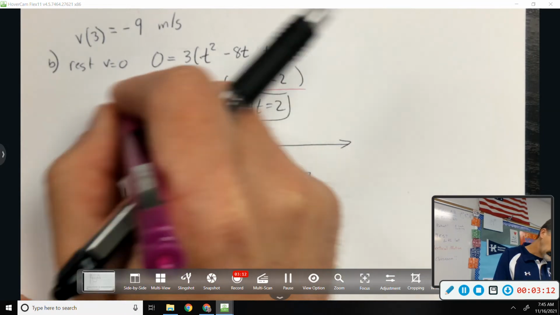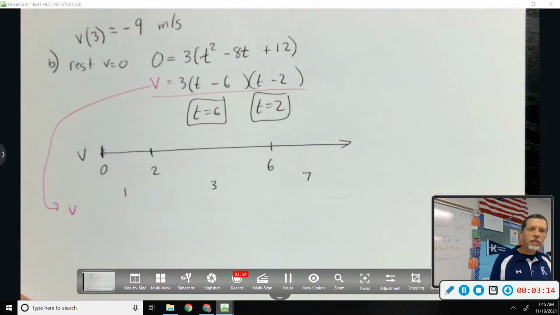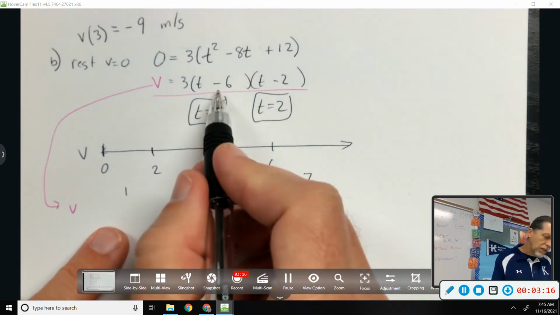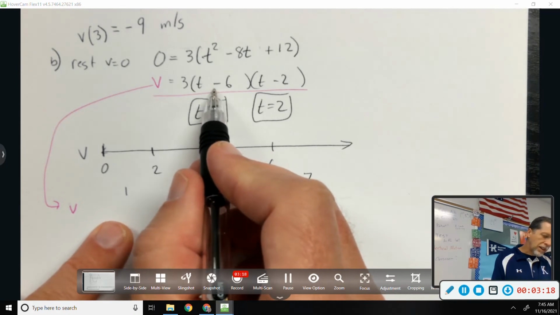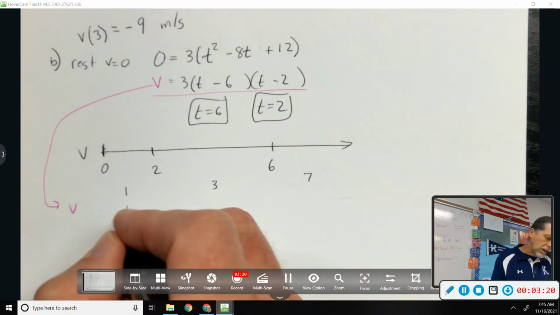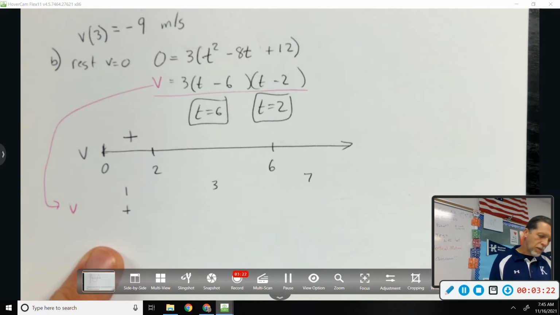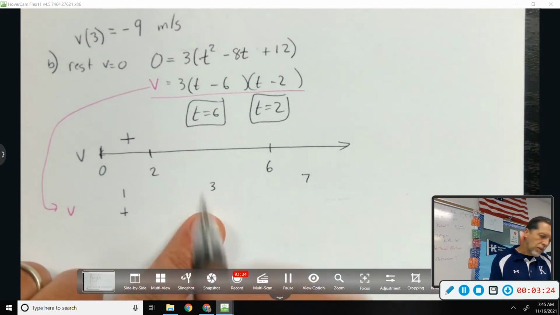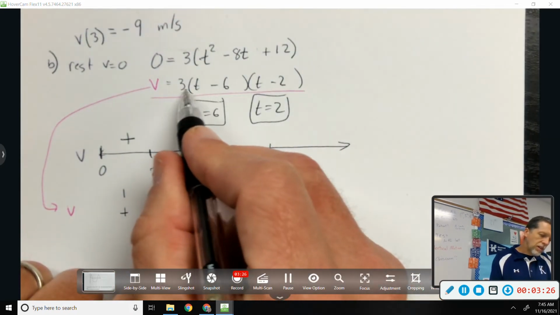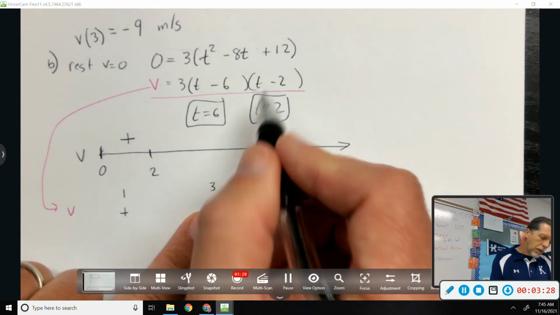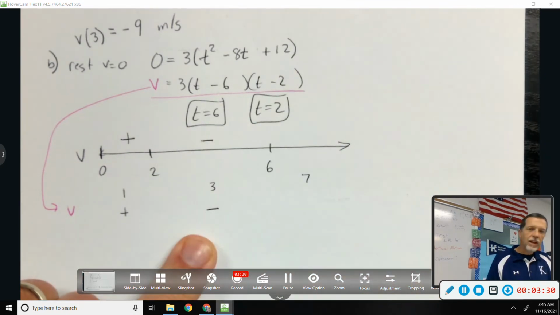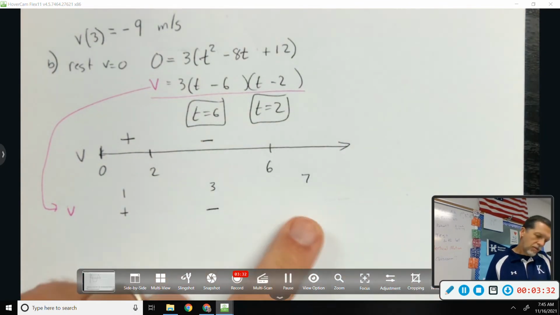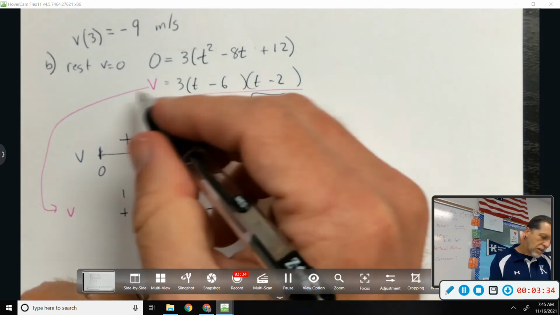Preferably the factored form, because that's easier to plug numbers into. If I plug in 1, I get negative times 3. So that's positive. If I plug in 3, I get 3 times negative times positive. So that's negative. And if I plug in 7, it's all positive.